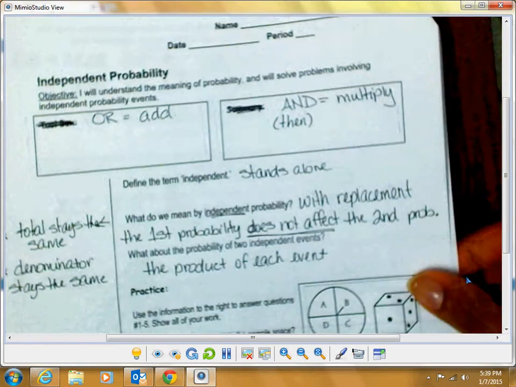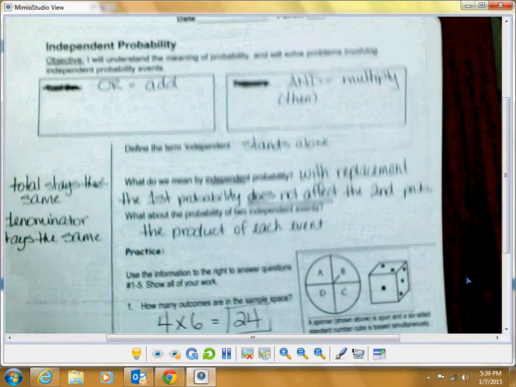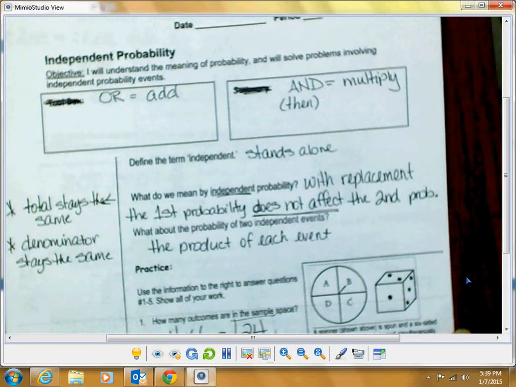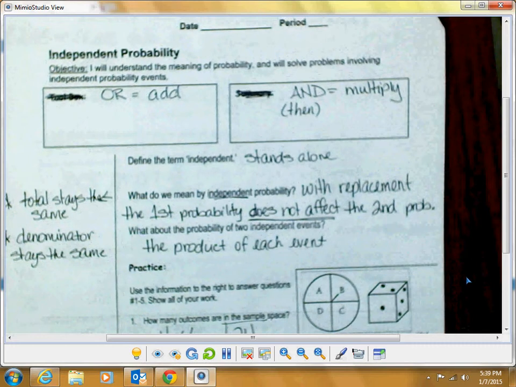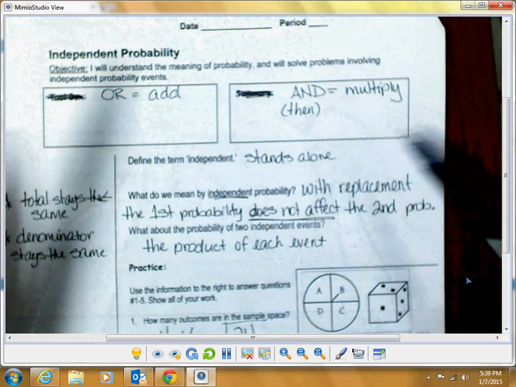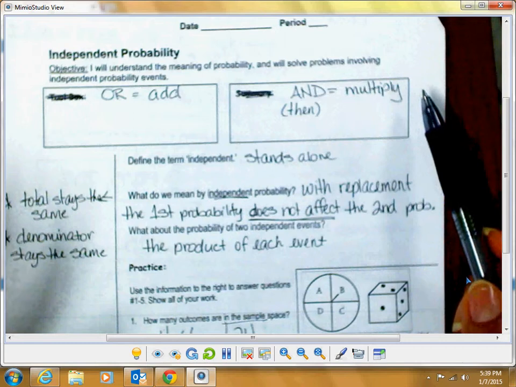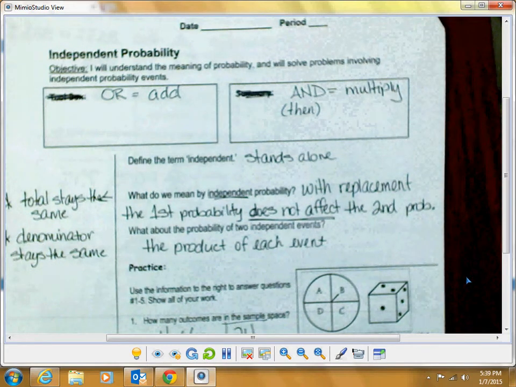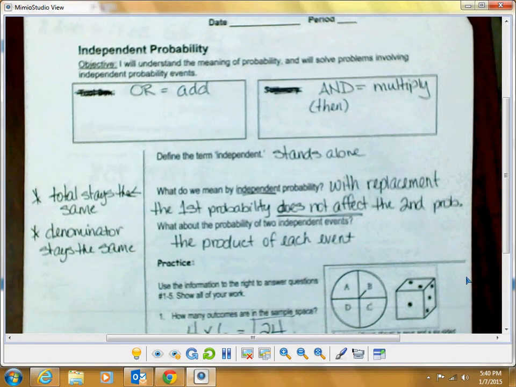Okay, the next page started our independent probability. And again, at the top, we just wrote down that or means to add, and and means to multiply. If it says then, that's the same as saying and. So you would also multiply there. If it is independent, it stands alone.